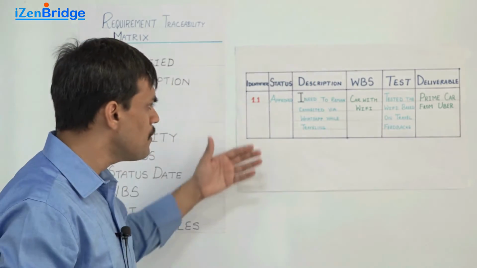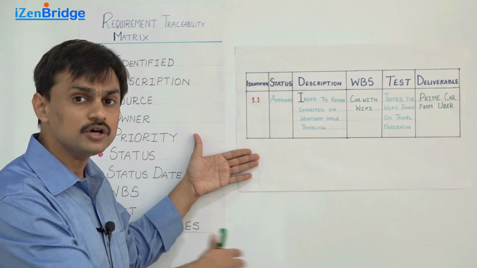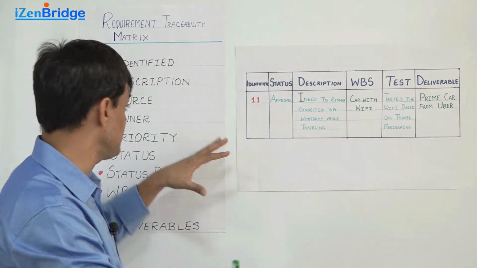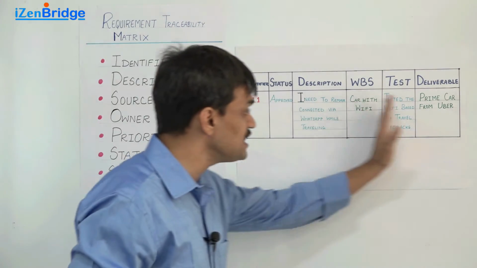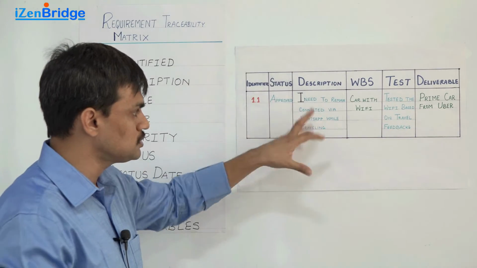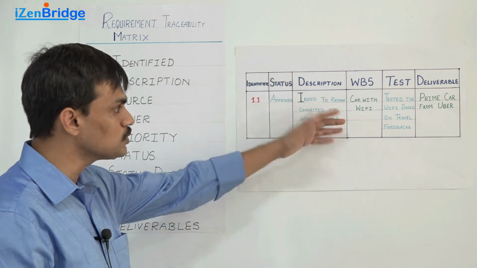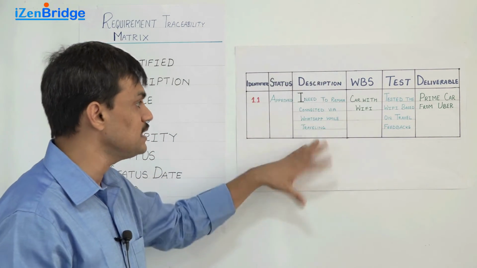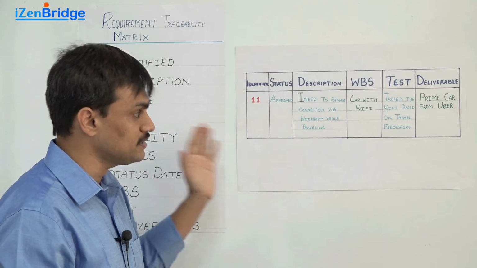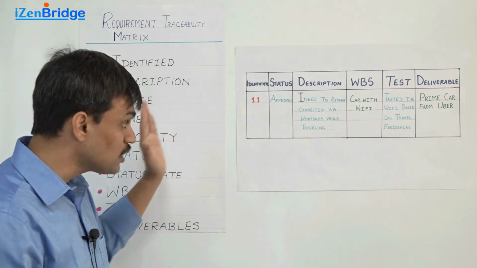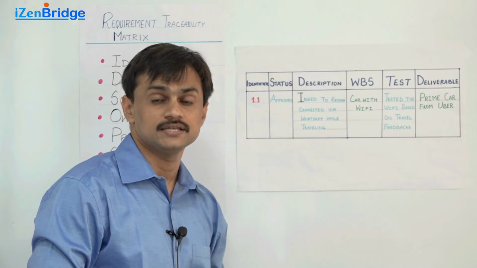Just to give a view, many times we maintain a tabular format for the requirement traceability matrix. These things get put into the table and we can use filters and all those things to make sure that things remain in grip and the complete traceability from the requirement till implementation is managed.